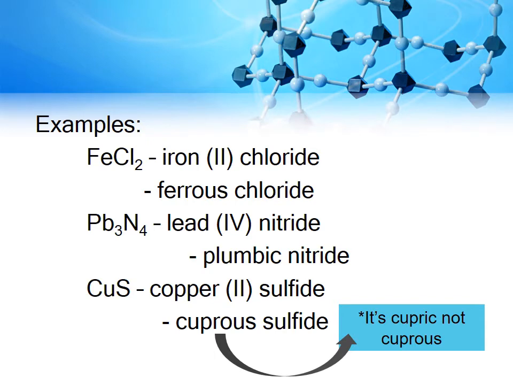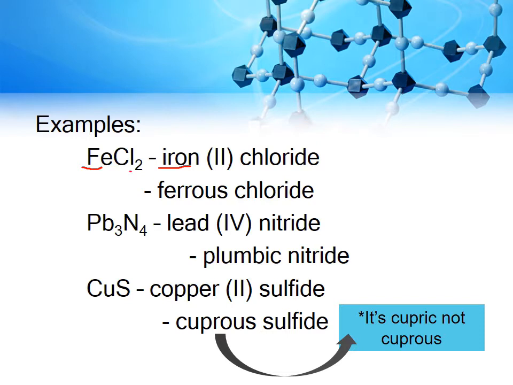For example, for this compound FeCl2, we will give the name of the first element, which is iron in this case, and the oxidation number used by iron for this compound. We already assume that the iron and chlorine here already did the crossover of their oxidation numbers.